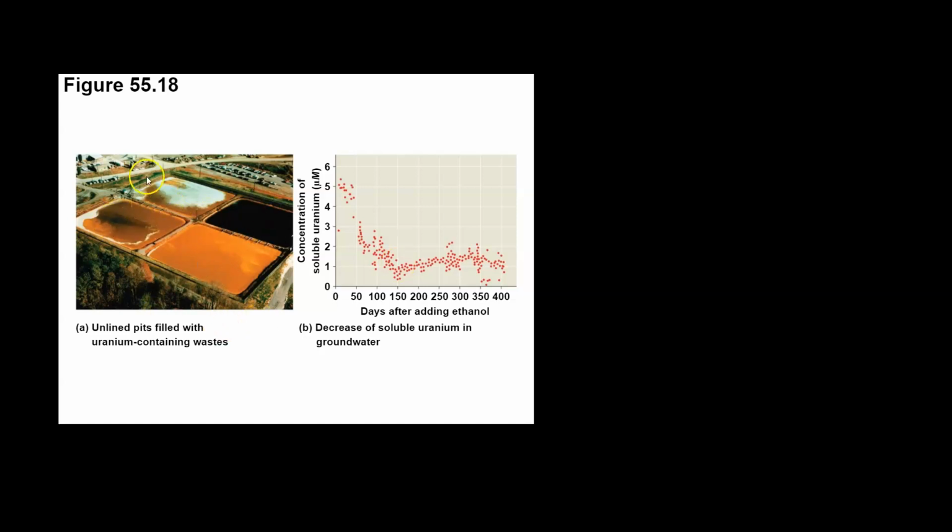So they were already present in these pits. And what they did is they added ethanol, which is a food source for these bacteria. And as they added more ethanol, what they found is that that stimulated the growth of the bacteria. And then that in turn decreased the concentration of soluble uranium. So again, this is an example of bioremediation.